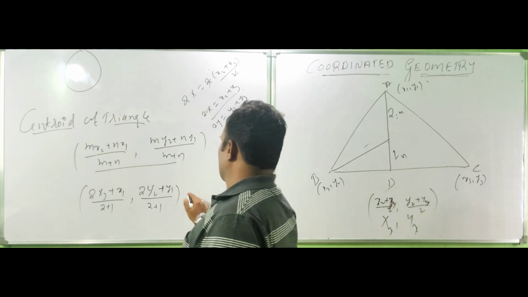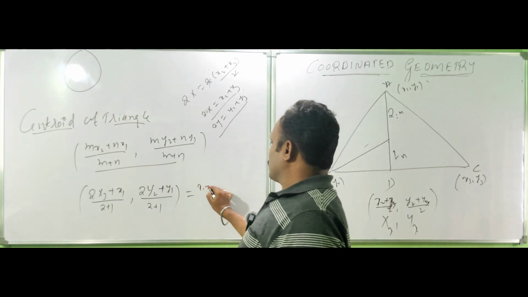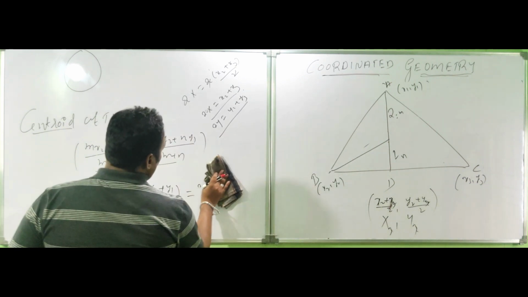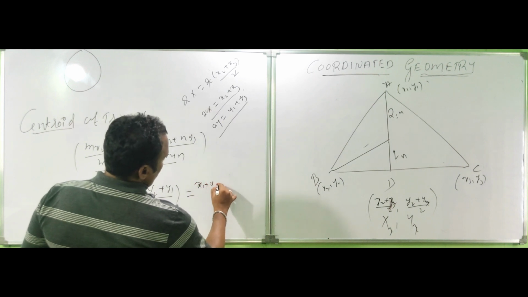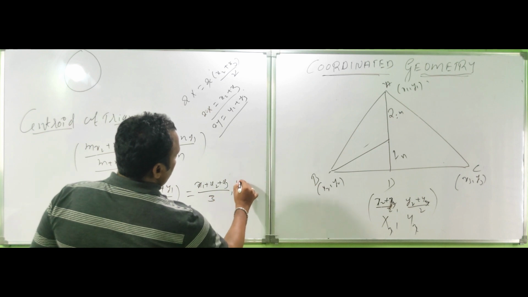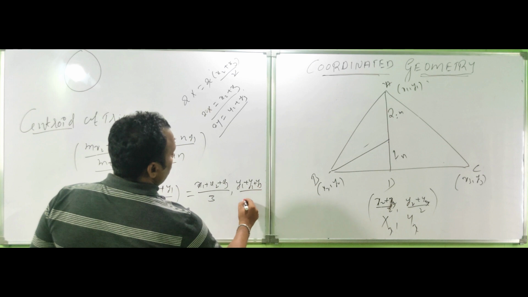So this becomes x1 plus x2 plus x3 divided by 3, and y1 plus y2 plus y3 divided by 3.